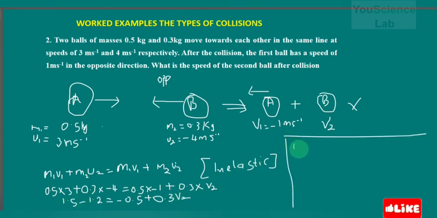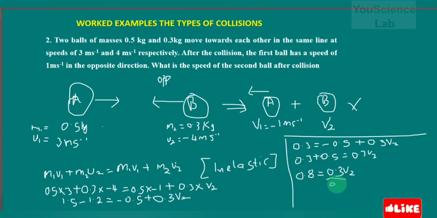Now, 1.5 minus 1.2 is 0.3, equal to minus 0.5 plus 0.3 v2. Take minus 0.5 to the other side. We have 0.3 plus 0.5 is equal to 0.3 v2. 0.3 plus 0.5 is 0.8. That's equal to 0.3 v2.